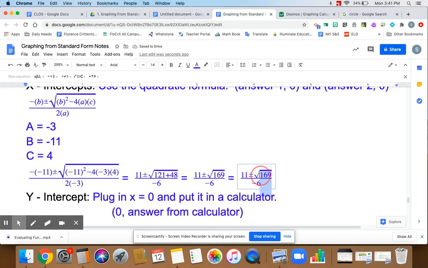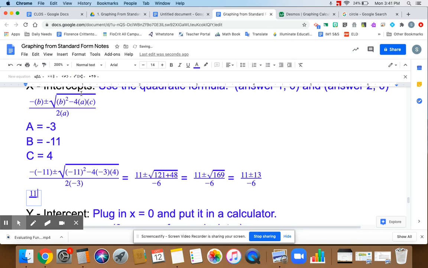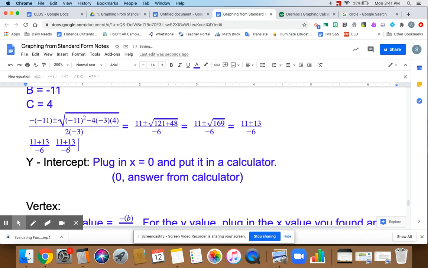So the square root of 169 can be replaced with the fact that it's just 13. This is where I split it into two different answers. One has 11 plus 13, again divided by -6, and the other one is where you subtract them.